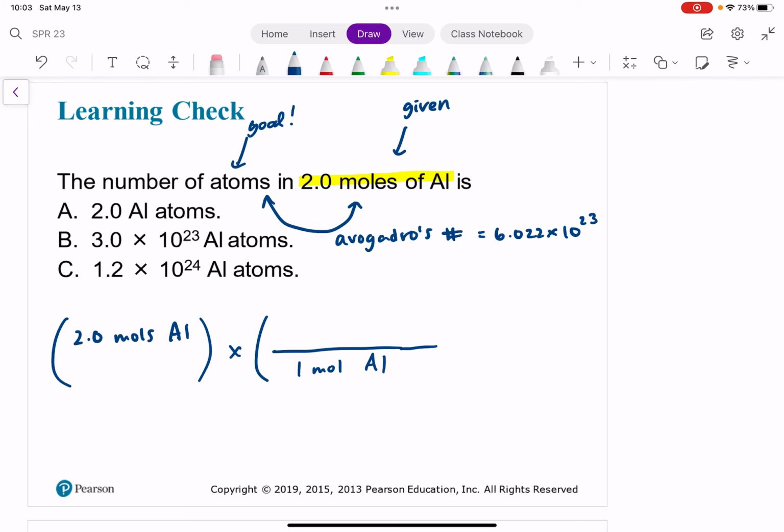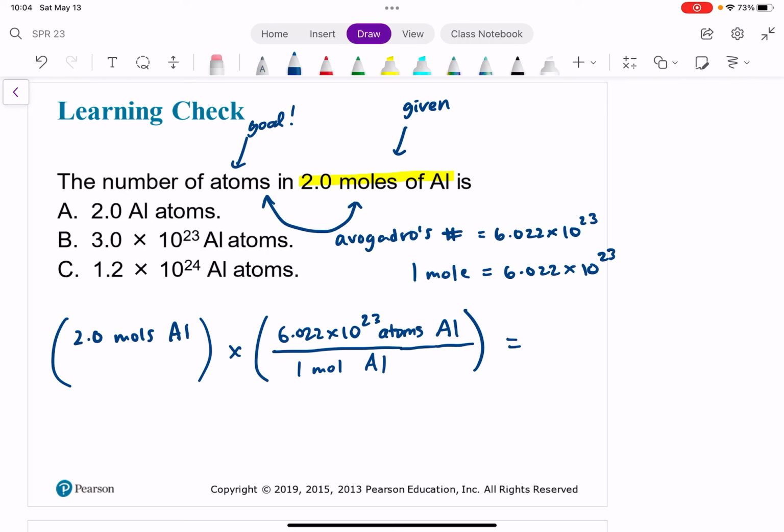Why did I choose 1? I only know the conversion factor between 1 mole and 6.022 times 10 to the 23rd. Okay, that's the only conversion factor I know. So we'll do 6.022 times 10 to the 23rd in the top. What is it? Atoms of aluminum.